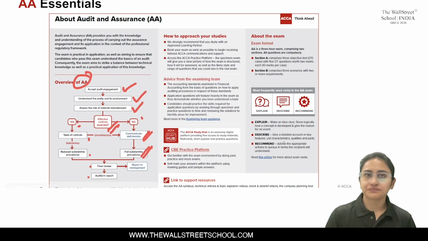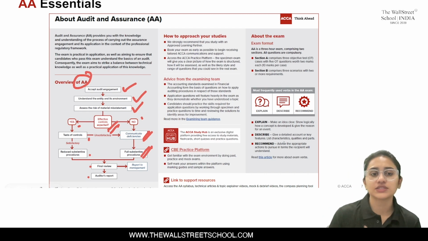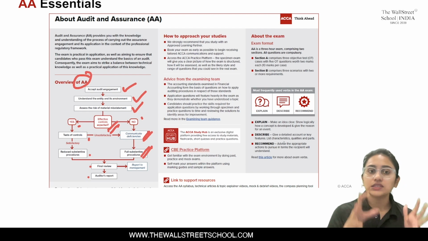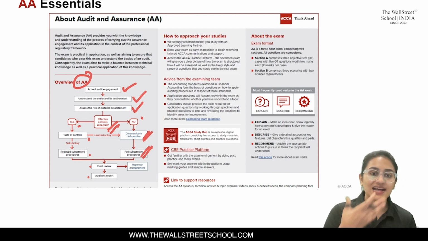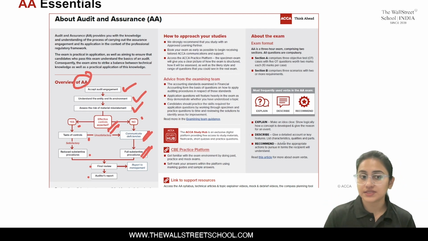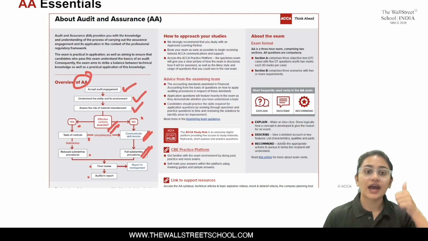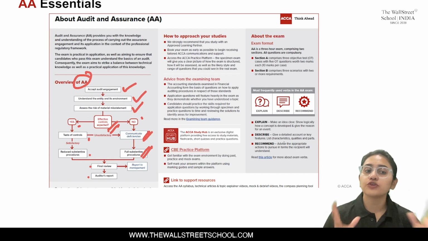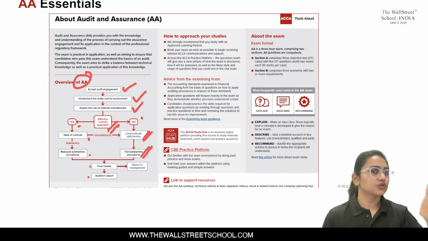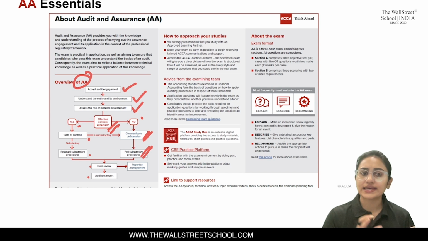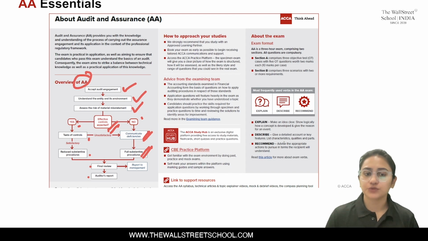auditor's report. Now you must be wondering what ma'am is speaking about. This chart you will understand better as and how we proceed with the syllabus. It's like when I'm conducting the audit, if I have good controls, I need not perform a lot of procedures in the audit because my controls are strong. Okay, so I can reduce substantive procedures.